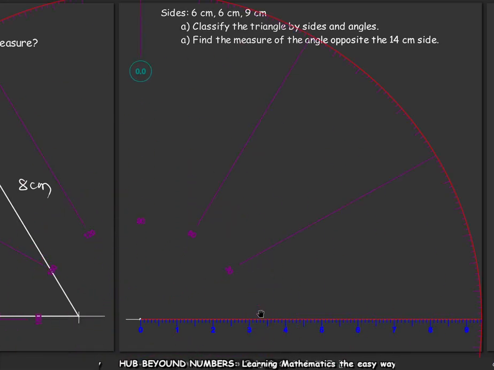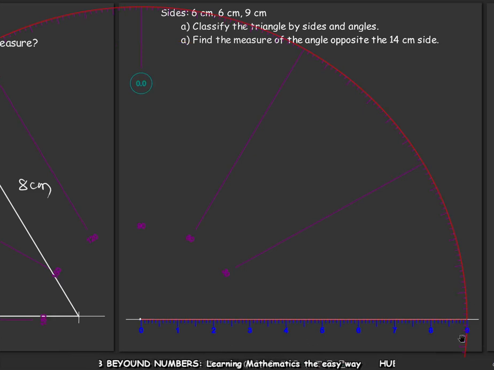I'm going to open to 9 centimeters. And as we can see, that is my 9 centimeters over there, right? Now I'll just mark that. And we now want to open our compass to 6 centimeters. You see?